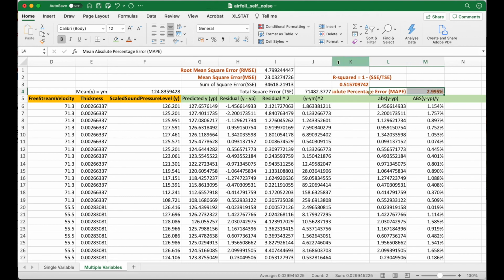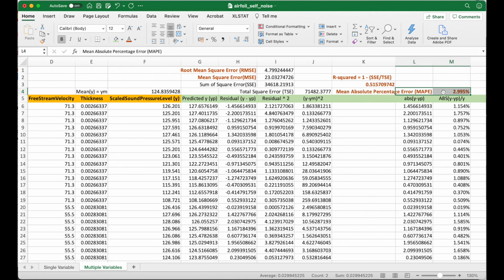So the lesser the mean absolute percentage error is, the better my model is going to be. So I will just expand this so that you can see that. So this is another measure by which we can determine the goodness of our model. So we have seen that we have got some measures based on which we can find out whether a model is good or bad, and we could compute this after computing our model to compare our model with other models that we will be using for regression.